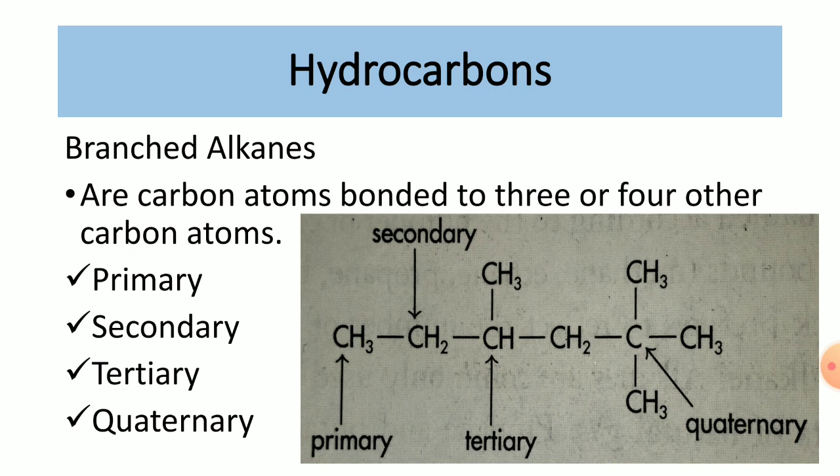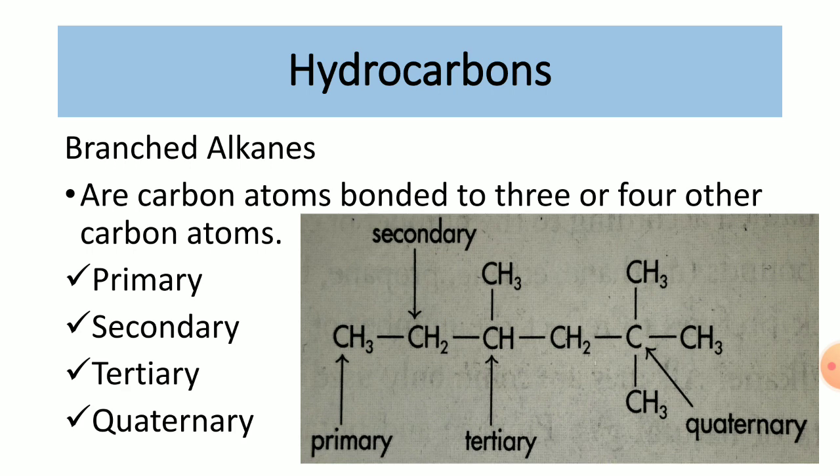So as we can see from the image, our primary carbon is only bonded with one carbon atom, or it is only connected with one carbon atom. So the carbon atom in CH3 is only bonded with one carbon atom in CH2. So it is secondary if it is bonded to two carbon atoms.